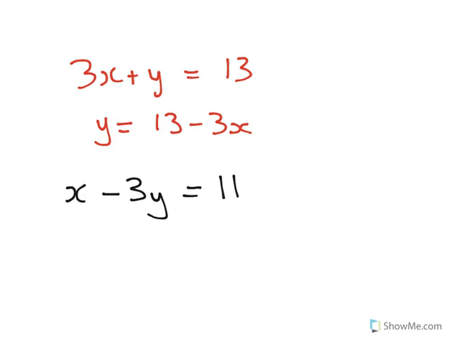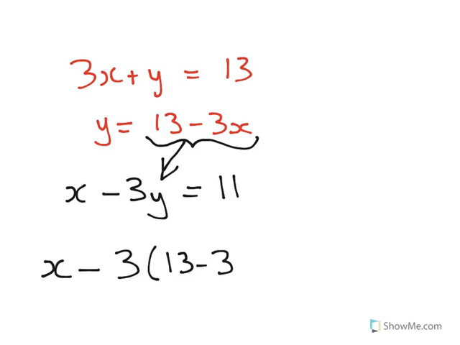So whenever I see y here, I substitute y with this new expression, 13 minus 3x, to get rid of the y. x minus 3 times (13 minus 3x) equals 11. This looks complicated, but it really isn't. x minus 3 times 13, 39, minus 3 times minus 3x is going to give us plus 9x equals 11.